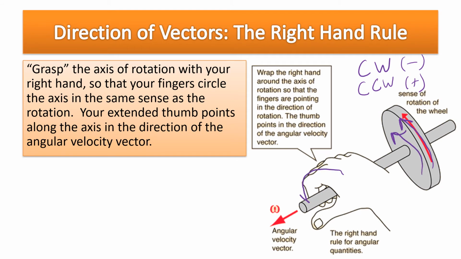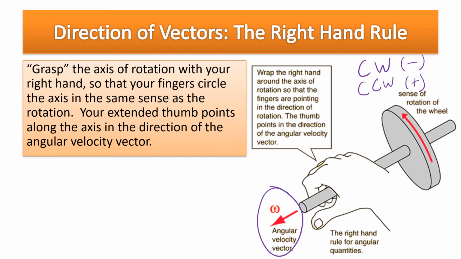You're curling your fingers around here in the same direction as the sense of rotation of the object. That forces your thumb to point in a certain direction. It says your extended thumb points along the axis in the direction of the angular velocity vector. And now we have a direction of the vector using our good old-fashioned arrows that we use to describe vectors. It's in the direction of your thumb.